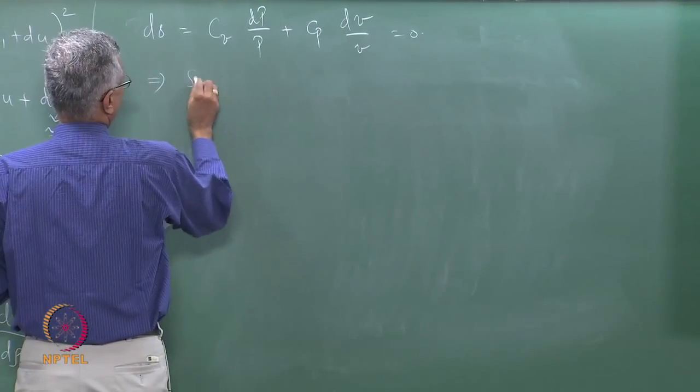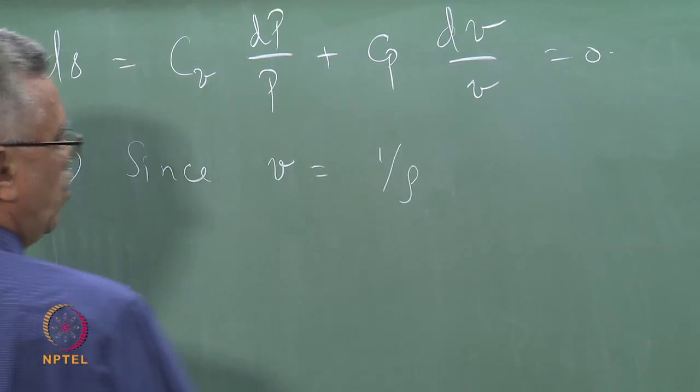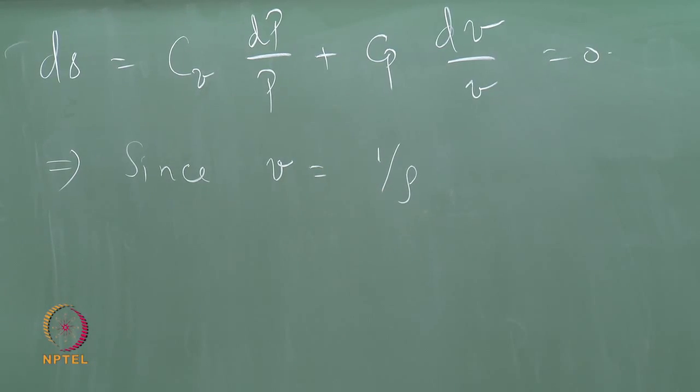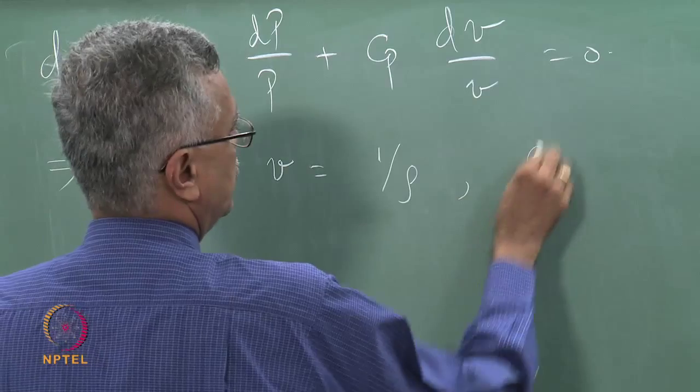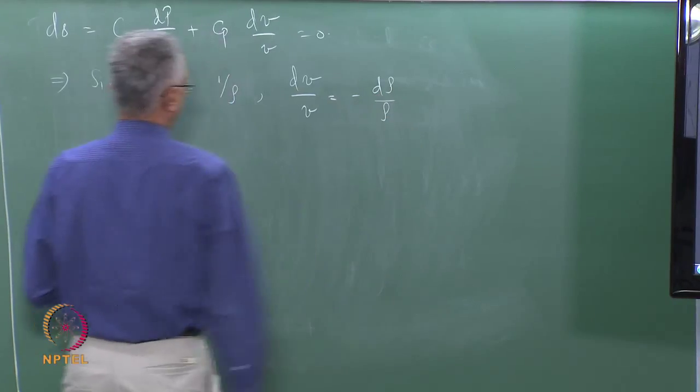And show that since the specific volume V is equal to 1 over rho, the reciprocal of density, I can write dV over V is equal to minus d rho over rho.